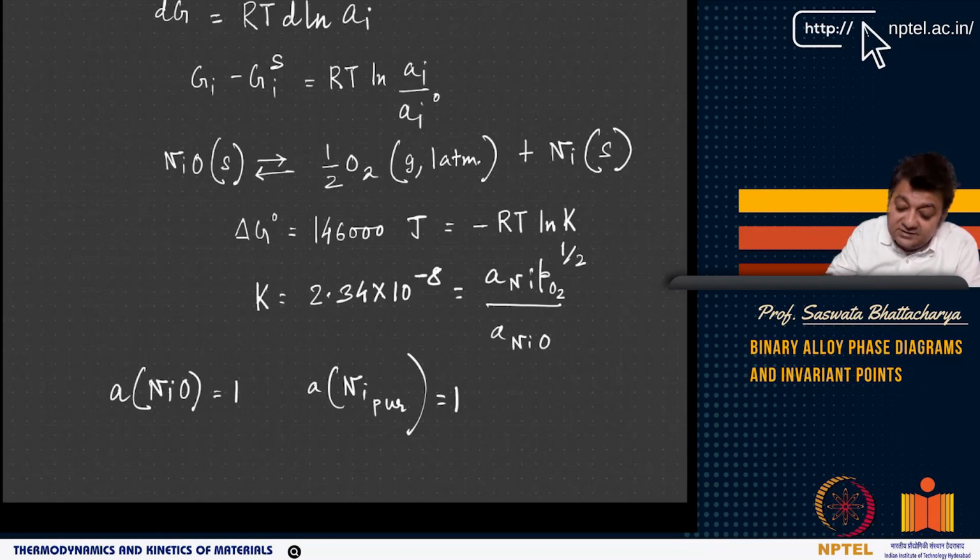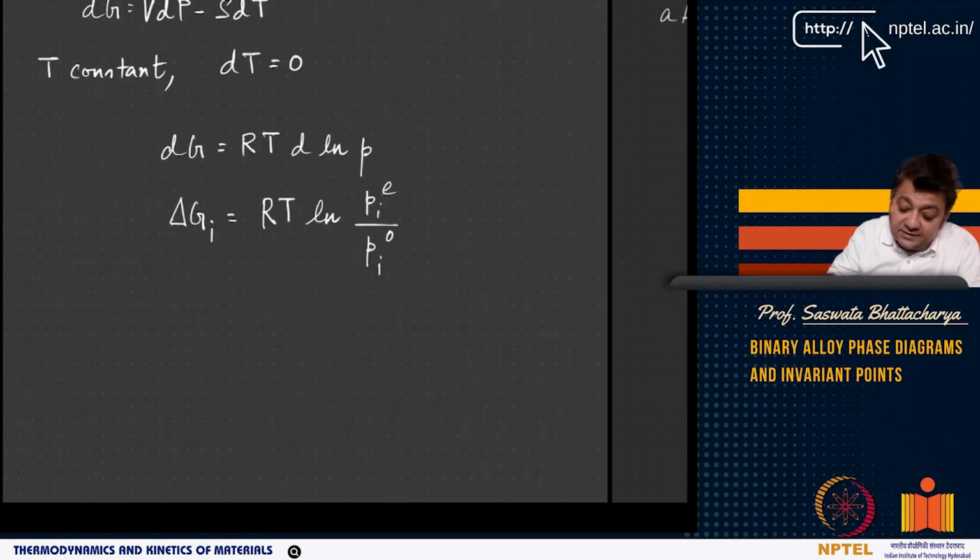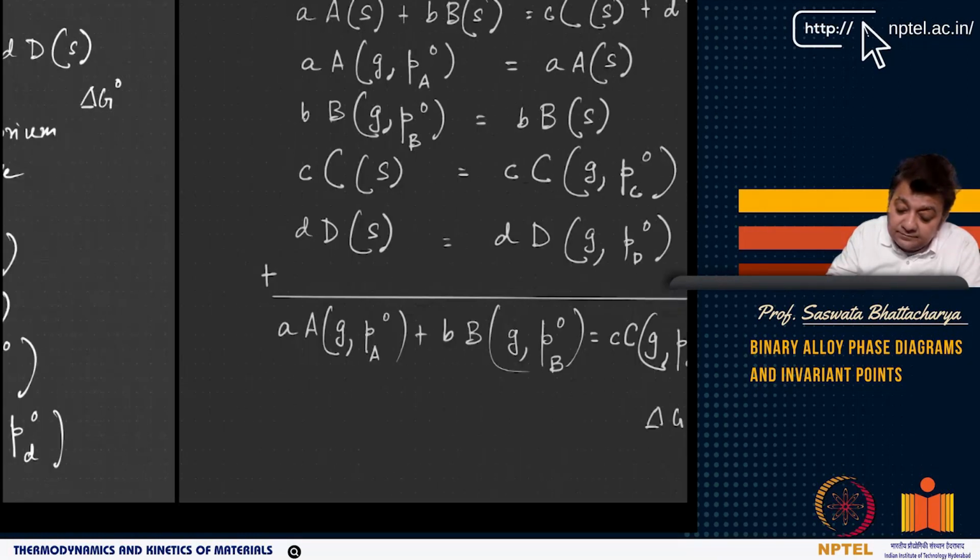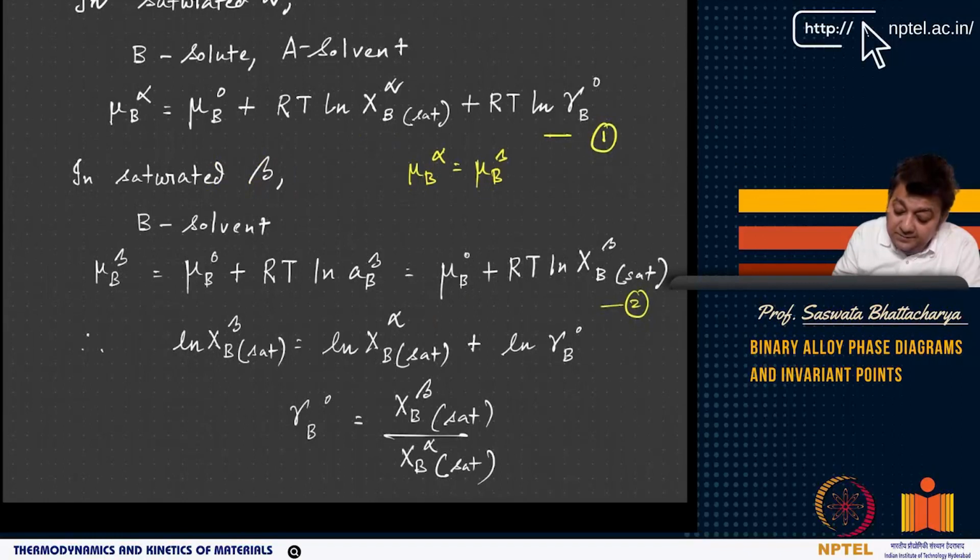So if you look at the relation that we obtained there, gamma B naught, where I am looking at XB beta by XB alpha, you have XB beta and XB alpha.